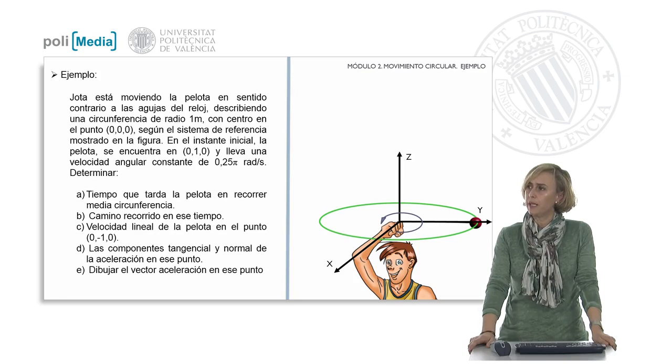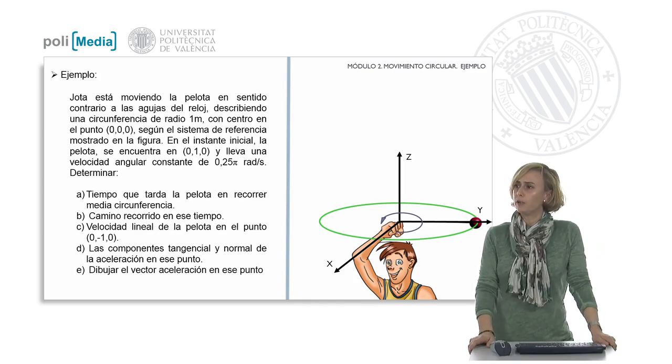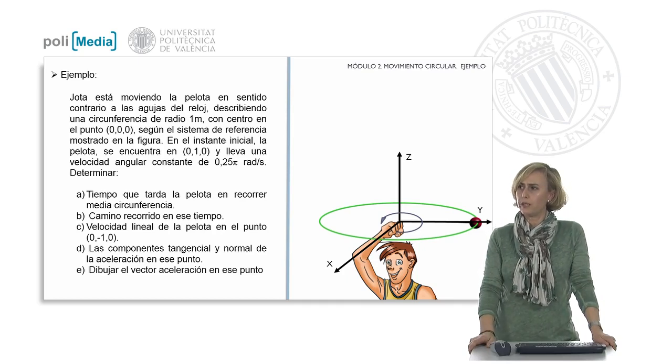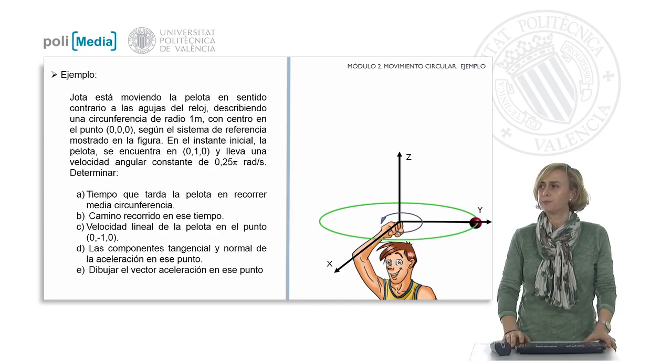He asks us to determine the time it takes the ball to travel half a circle, the path traveled in that time, the linear velocity of the ball at the point (-1, 0), the tangential and normal components of the acceleration at that point, and to draw the acceleration vector at the requested point.